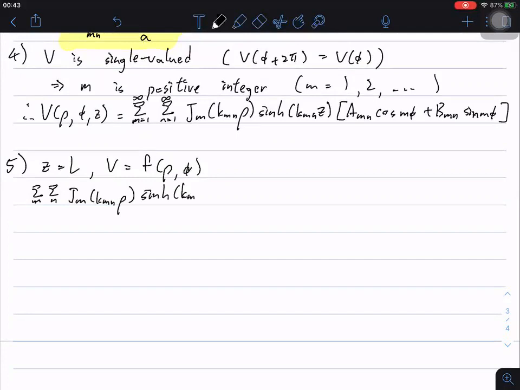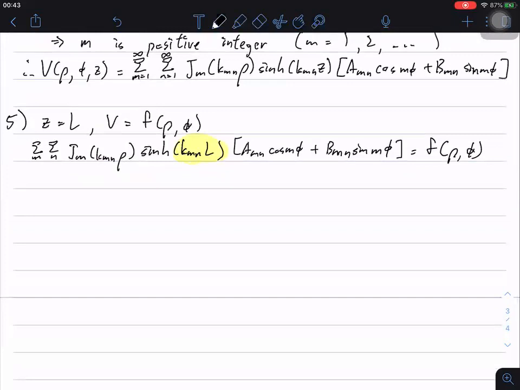So we put z equal to L here, and the other stuff remains unchanged.